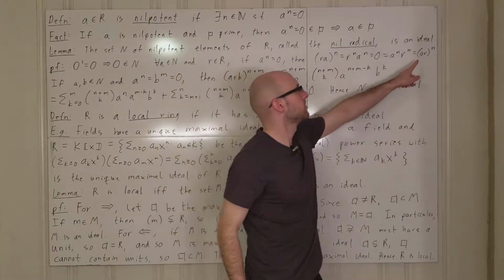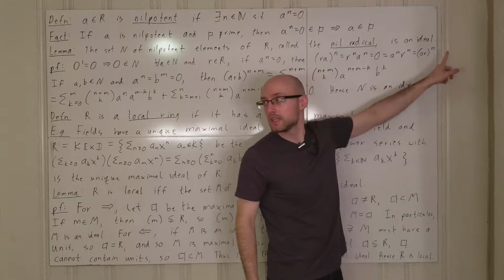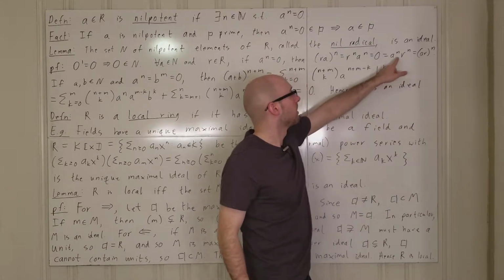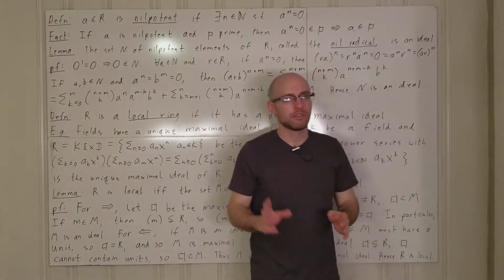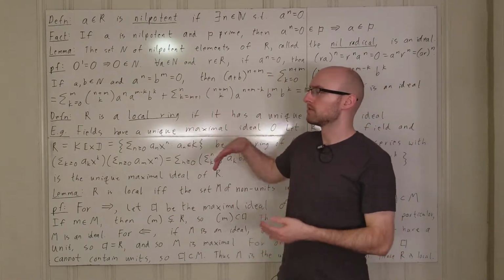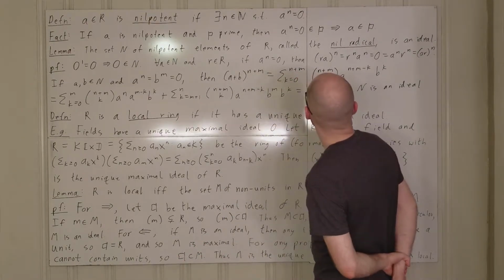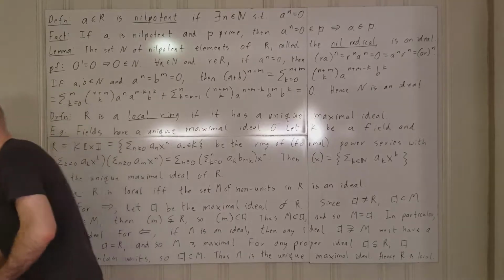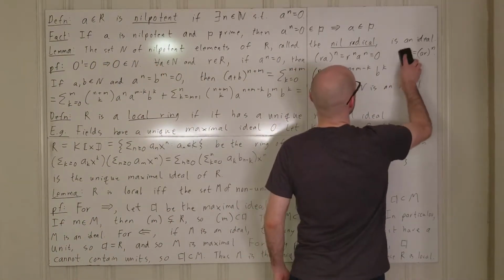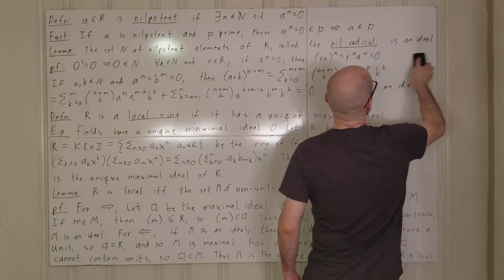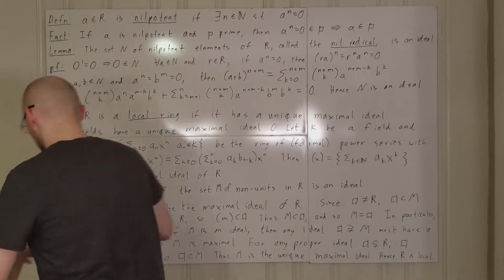And similarly, if we look at the element a times r, so now we multiply on the right, raising this to the power of n, this is a to the n times r to the n, which for the same reason is 0, and so ar is in N. So therefore, N is closed under multiplication by any element in the ring. Well, we are assuming this to be a commutative ring, so I guess this part is not necessary, because in a commutative ring, ra is going to equal ar.